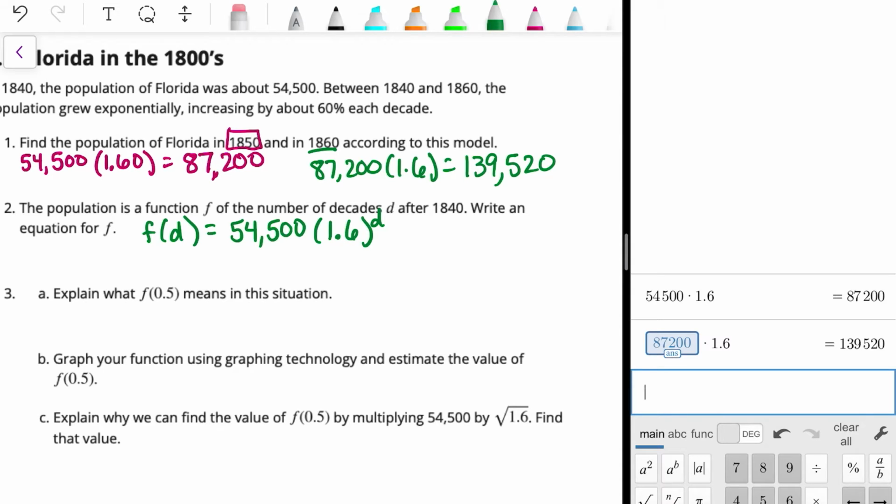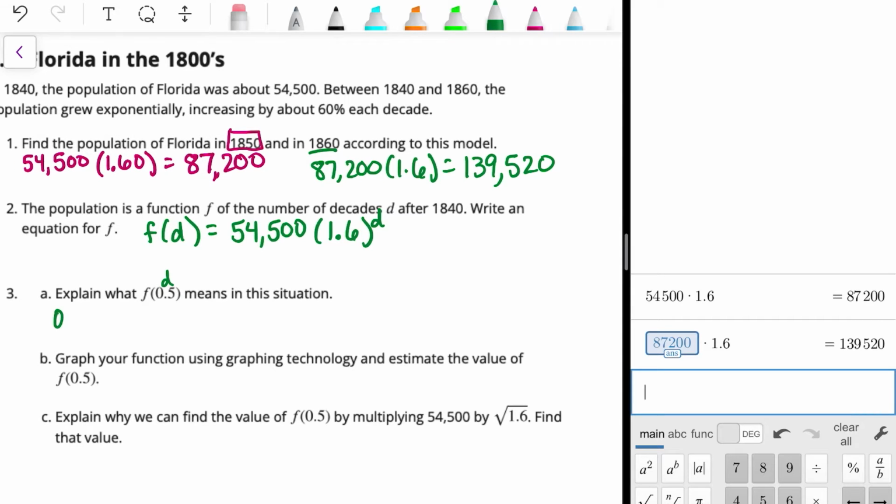All right, so explain what f of 0.5 means. So remember that that is in place of d, and d is the number of decades. Actually, let's go with f of that because that's what it's asking.